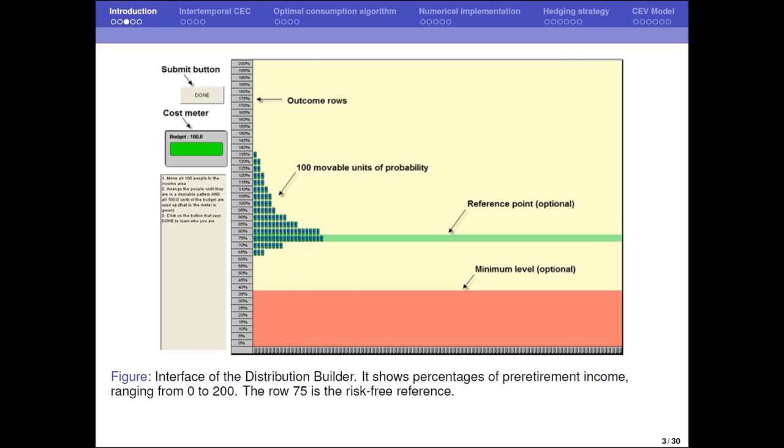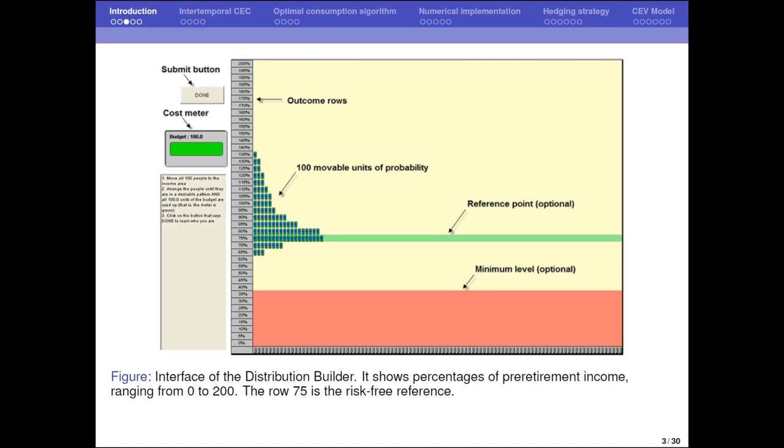They are given that the row 75 is the risk-free reference. So if you put all the blocks in the 75 reference, you will get 75% of the pre-retirement income as a sure, risk-free amount. But then, if you want to enter this stochastic game, you arrange all the blocks wherever you want, but with a restriction.